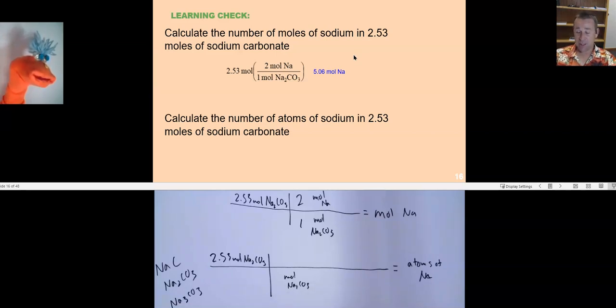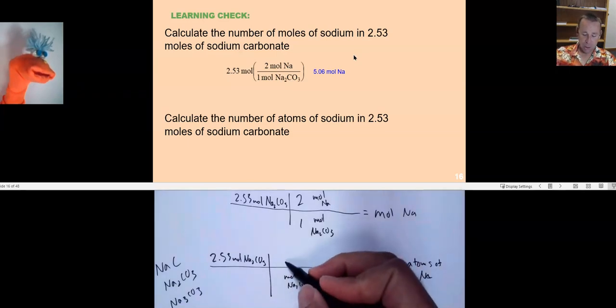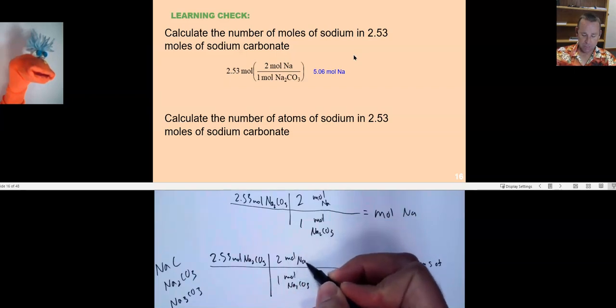what we should know is if I have a mole of something, how many of those somethings I have. That's the 6.02 times 10 to the 23rd. But if I want to know how many somethings I have for every mole of some complex compound like this, it's a little more confusing. And so what we do is we just keep it simple and say I can go from moles of sodium carbonate to every mole of sodium.